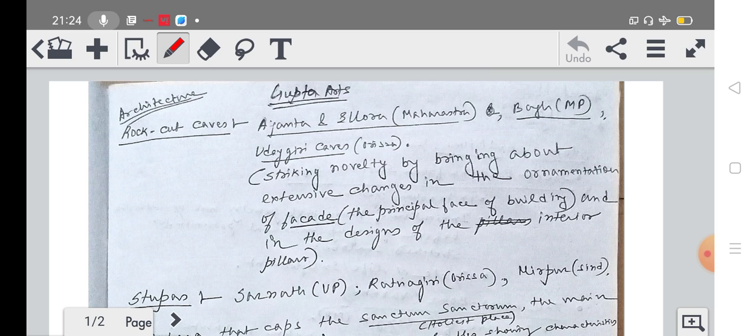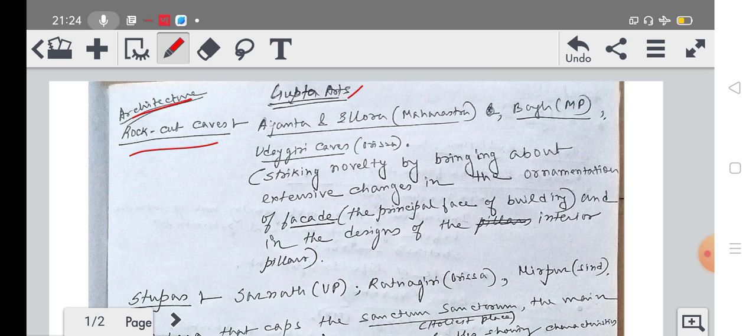Okay, let's start now. As you see in the content, Gupta arts, this is architecture. So first came the rock cut caves. This type of caves has been made by cutting the rocks.